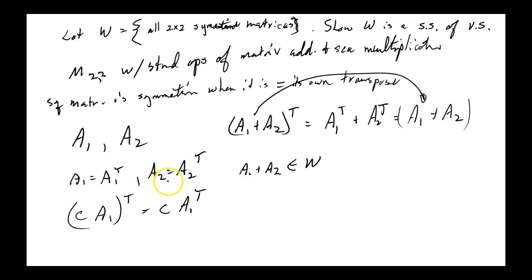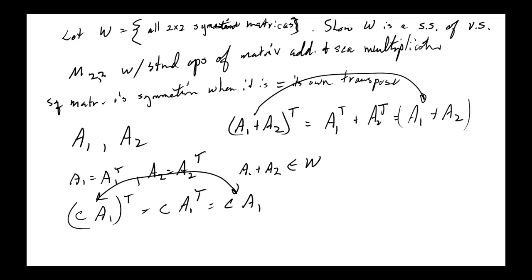Because A1 transpose is A1, this is the same as C A1. So the scalar multiple is also closed, because C A1 transpose is the same as C A1. We've shown that both of those have to be true.